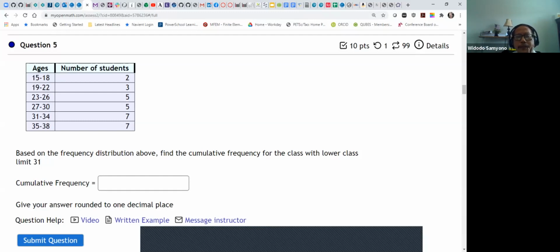And you're asked to find the cumulative frequency for the class with lower class limit 31. So the answer will be what? The cumulative frequency for the class with lower class limit 31 will be this class, and you need to add all from here to here.